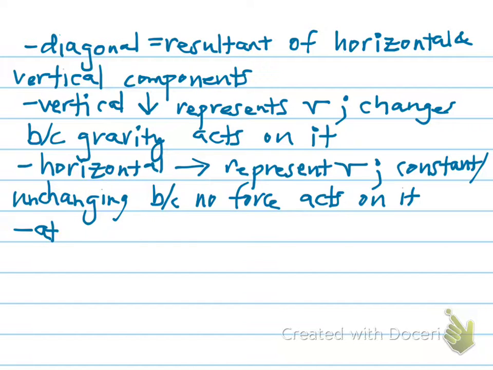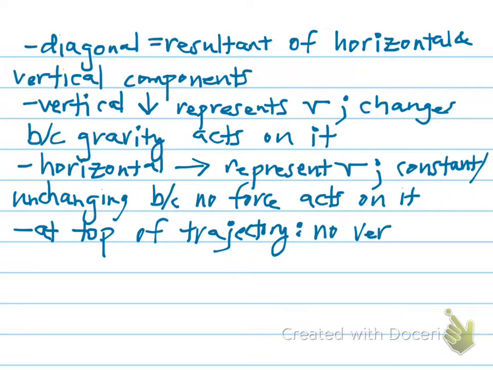Also notice that at the top of the trajectory, there is no vertical component of the velocity, but there is horizontal.